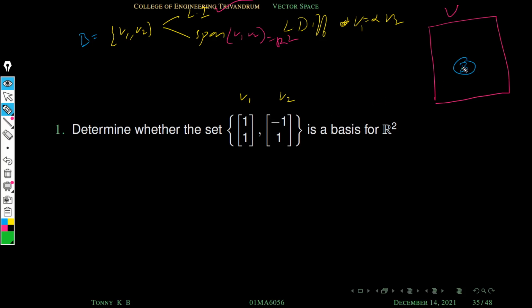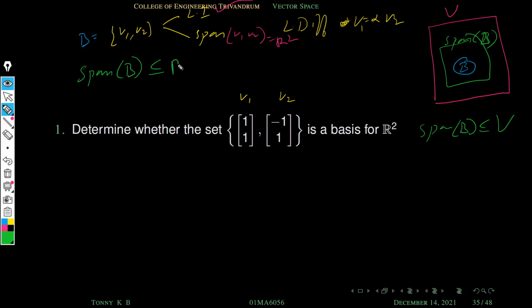If B is a subset of a vector space V, then the span of B, the set of all linear combinations of elements from B, is always a subspace of the vector space V. Subspace means it is at least a subset, so one side is very clear: the span of B is a subset of R2.